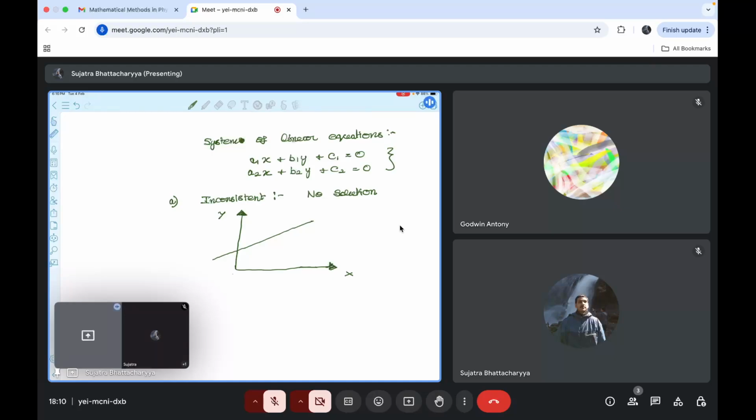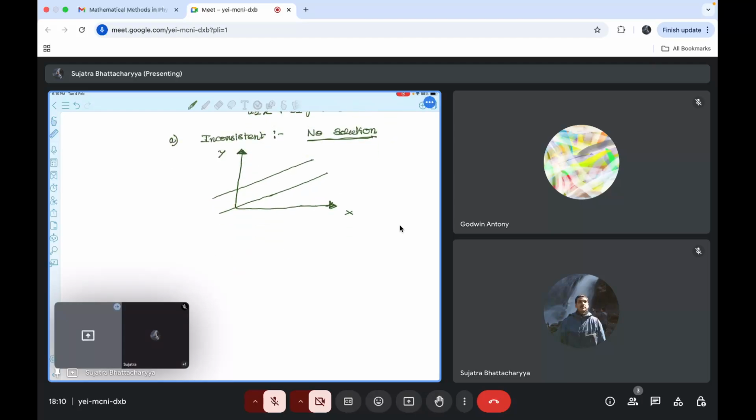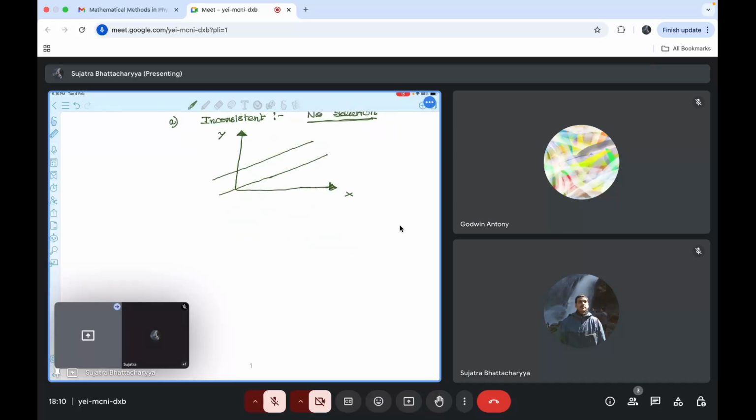Similarly, you have another line, or another equation graph, like this. So these are parallel lines. They never meet, so you don't have any common solution. That's why we call this the no solution category of these sets of linear equations.